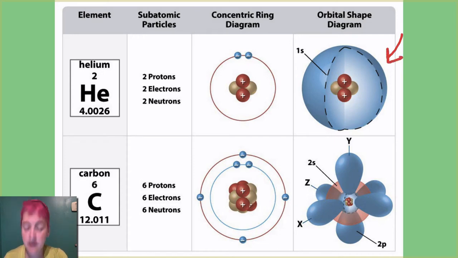The electrons tend to float around the nucleus in specific patterns. In carbon here, you can see these balloon-shaped orbitals that they float around. And remember, it is a 3D object, so they're going to project in all 3 dimensions.